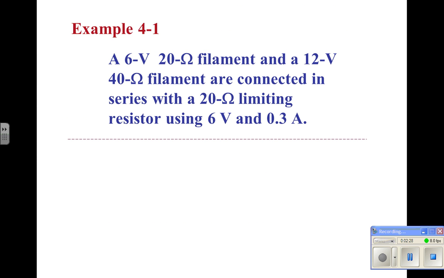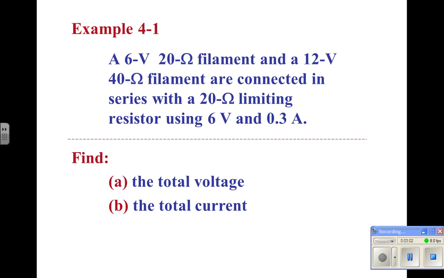And an example: a 6 volt, 20 ohm filament and a 12 volt, 40 ohm filament are connected in series with a 20 ohm limiting resistor using 6 volts and 0.3 amps. Okay, I think that our textbook here, in this case, this is the slideshow from Glencoe McGraw-Hill, and it's not terribly good because of the way they write some of the questions, and this is one of those already where it's not written very well.